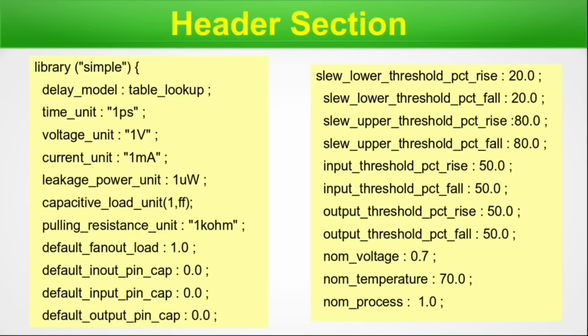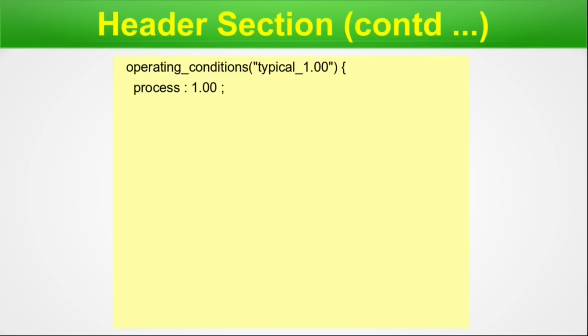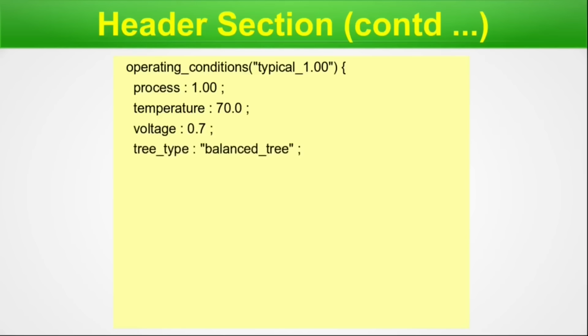So we are done with this example of the header section, and we have it continued in this slide. Operating conditions typical 1.0, process 1.00, temperature 70.0, voltage 0.7, p-type balance tree. We close the operating conditions.